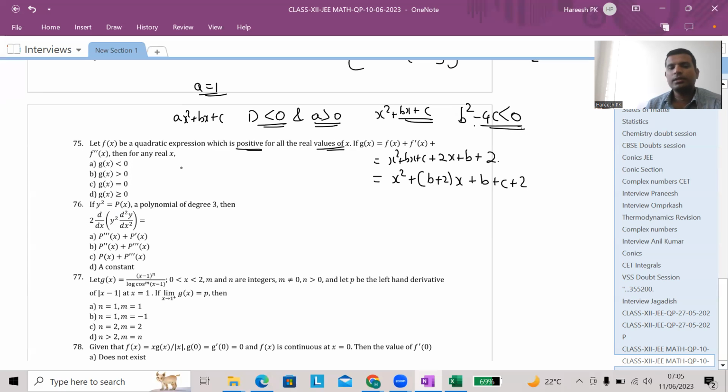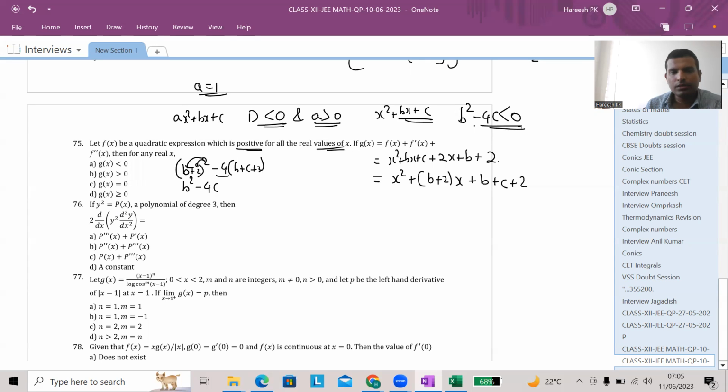So its discriminant will be b plus 2 whole square minus 4 times b plus c plus 2. So I'll end up getting b square minus 4c. Along with that, I'll get a plus 4b and minus 4b, which will get cancelled. Then I'll get plus 4 and minus 8, right?